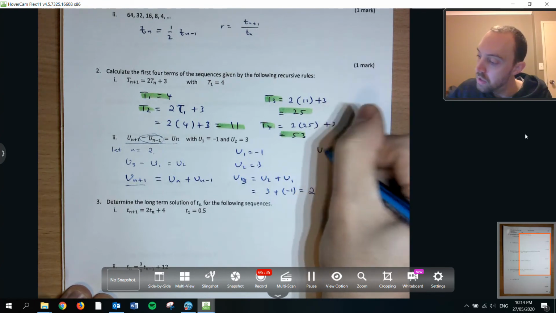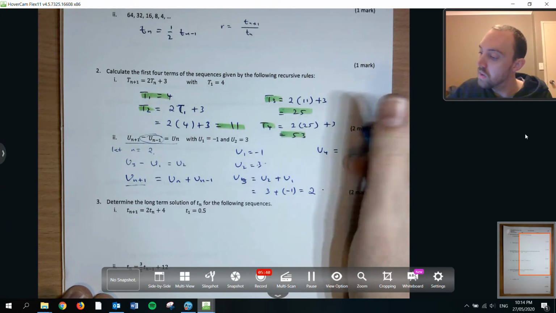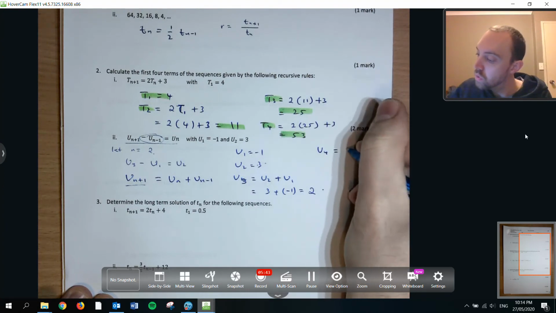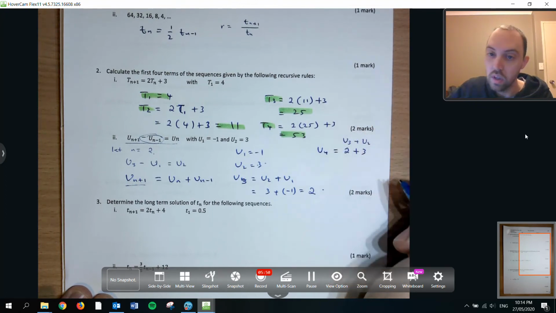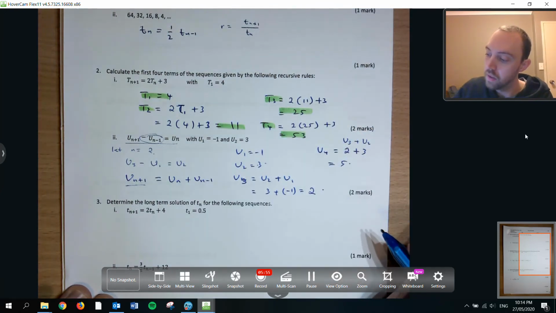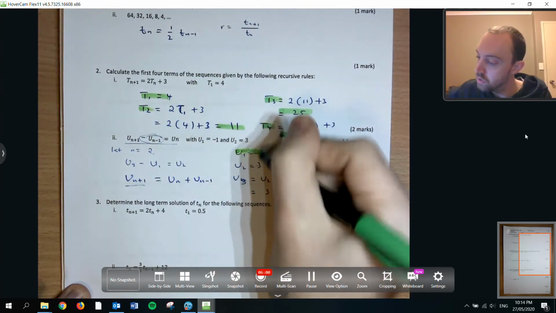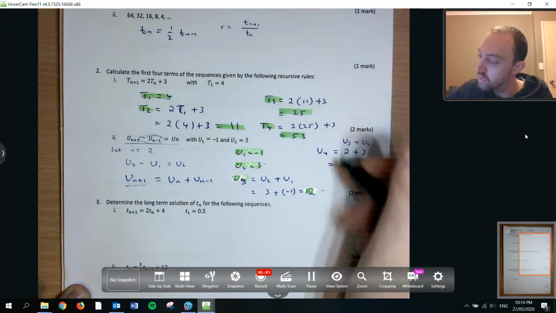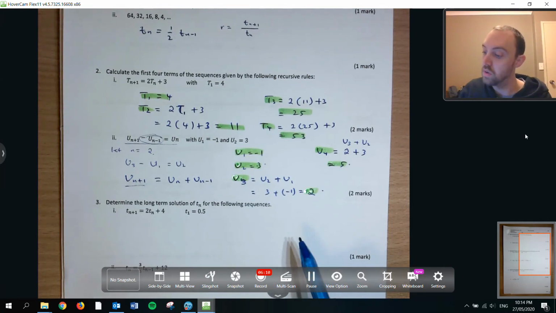And running out of room here, but u4 would be the previous two terms added together, so u3 plus u2, in case you're unsure, and that's equal to 5. Okay, so again, I'll quickly highlight my first four terms, u1, u2, u3, and u4. There's the first four terms of each of those sequences.